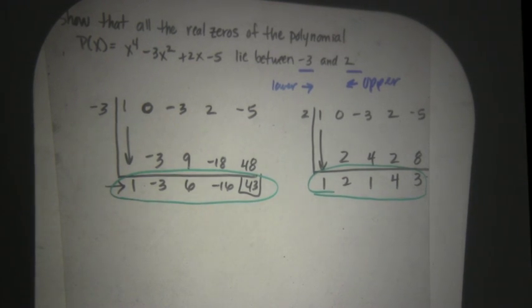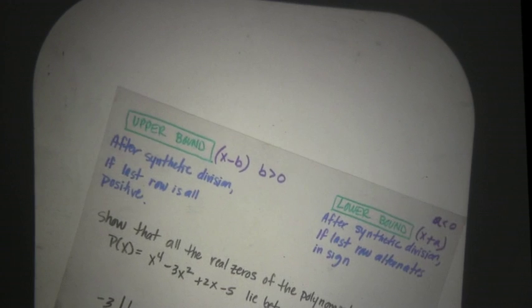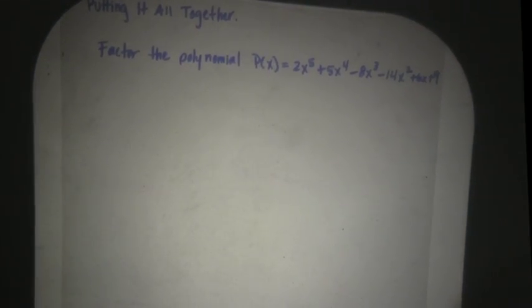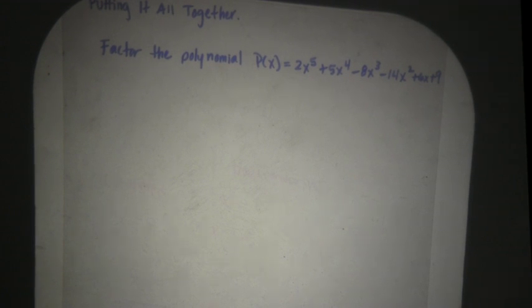So that takes care of our tools. To recap, we have the rational zero test, the Descartes rule of signs, and now the upper and lower bound rules. Now the last thing I want to do is briefly show you how we can put all of this together to help us with our end goal that we started with, which was to find the zeros.